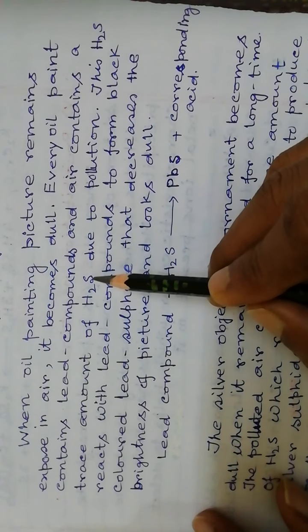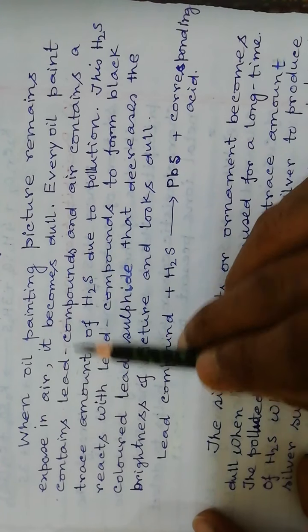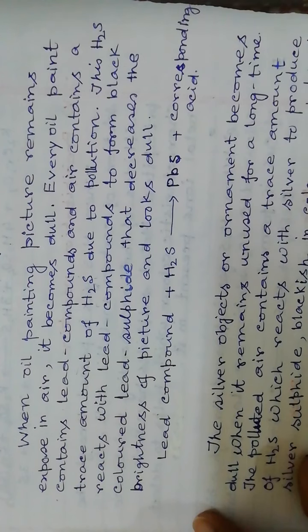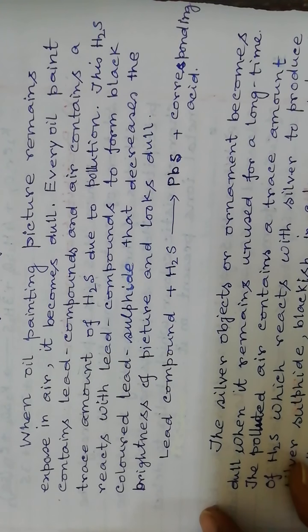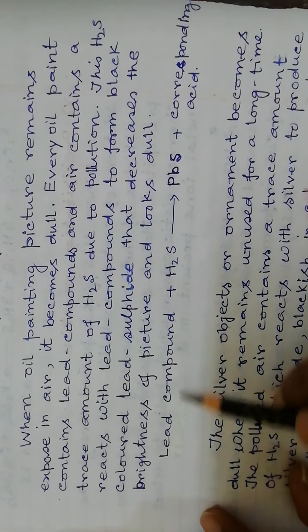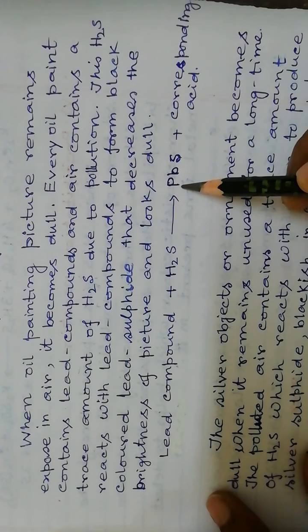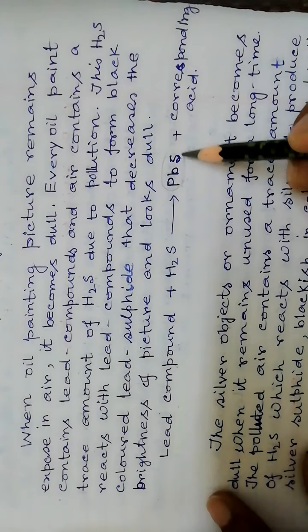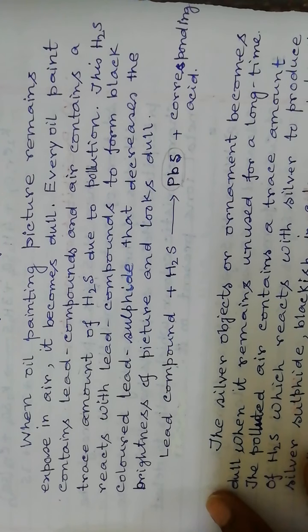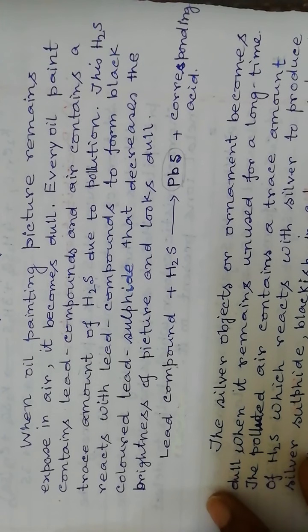This H2S reacts with lead compounds present in oil paint and forms black lead sulphide. So the picture becomes blackish, that means its brightness decreases and it looks dull.